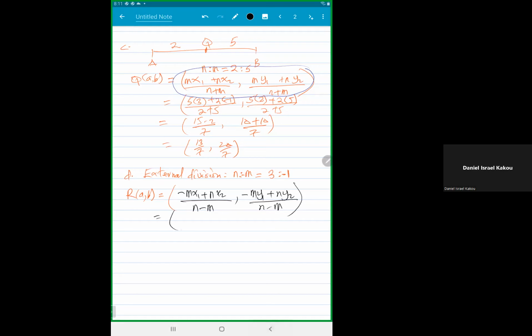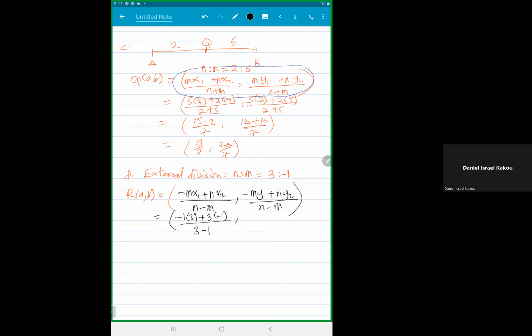We just evaluate them. So we have minus 1, x1 is 3, and N is 3, then x2 is minus 1, all over N, which is 3 minus 1.